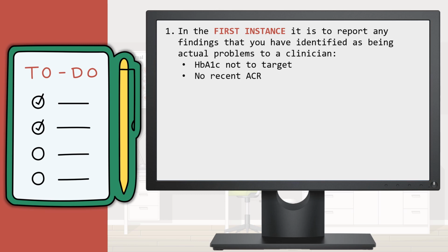He's not got any recent ACR, and as a consequence, we can't assess his kidney function. We don't know whether or not Jim's got CKD, but we need to know, because if he has, then we'll be adding high blood pressure to this list. So we need to sort that out. And he's also got his weight gain and his callus formation. So those are all the actual problems that we have identified as a consequence of this review.